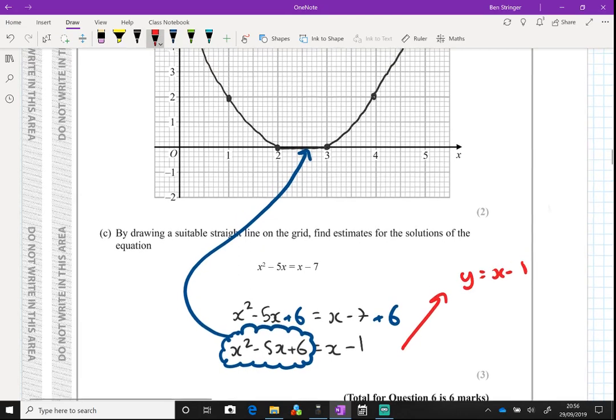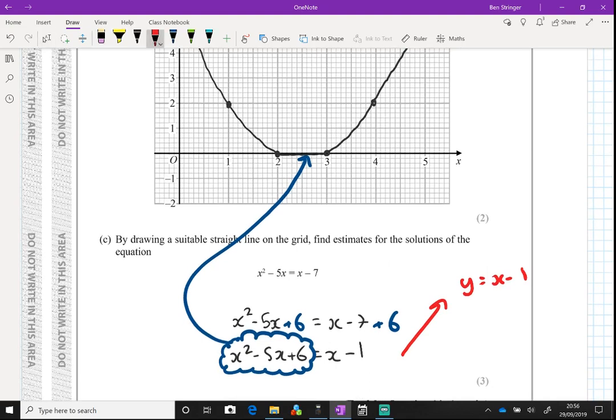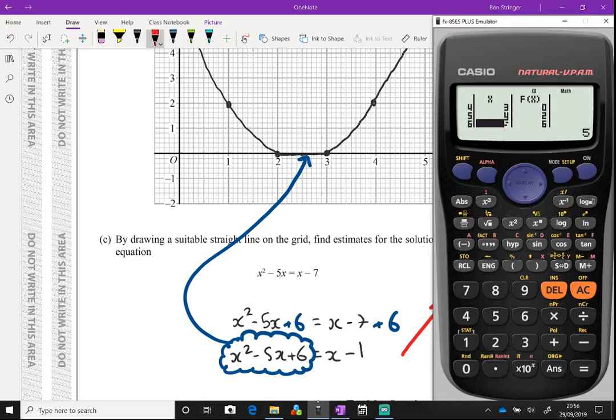So set up a table. You could just substitute in some values yourself and find this out. Some of you will know that y equals x is just a diagonal line going through 1, 1, 2, 2, 3, 3, 4, 4, and then you just do a vertical translation down 1 unit if you want to do that, but I'll just show you how I do it just to make sure.